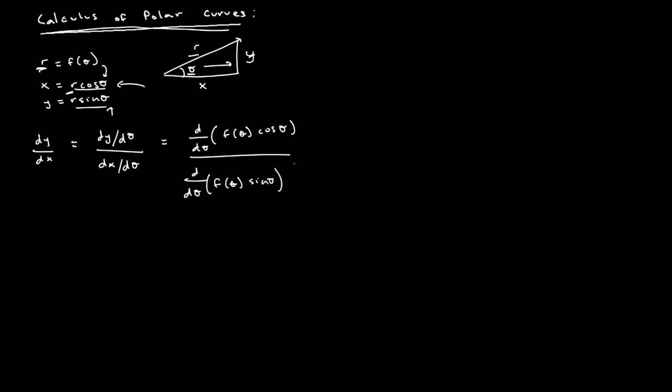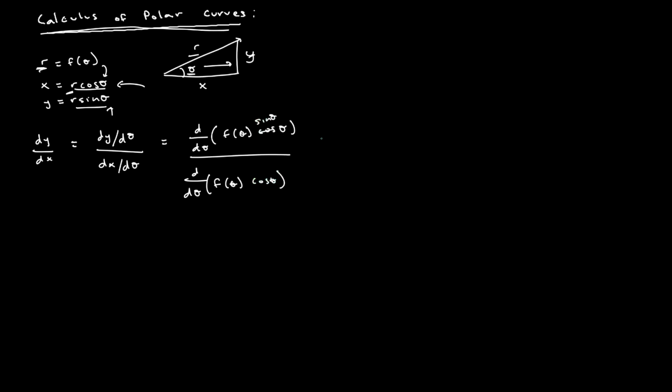And then we can use the product rule to simplify this to f prime of theta times cosine theta minus f of theta times sine theta divided by, oh actually dy is, this is sine theta over here, and this is cosine theta. So let me fix that. This is cosine theta, and then this is sine theta.